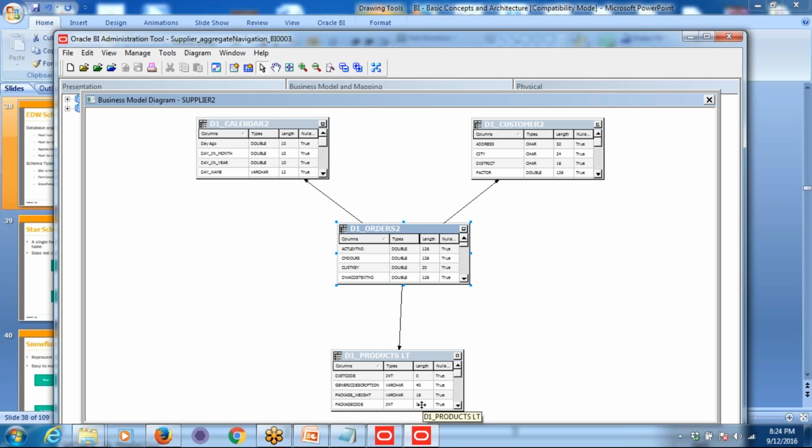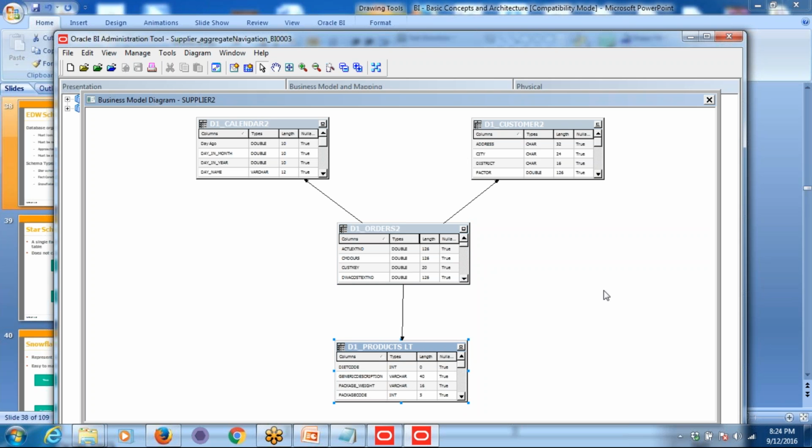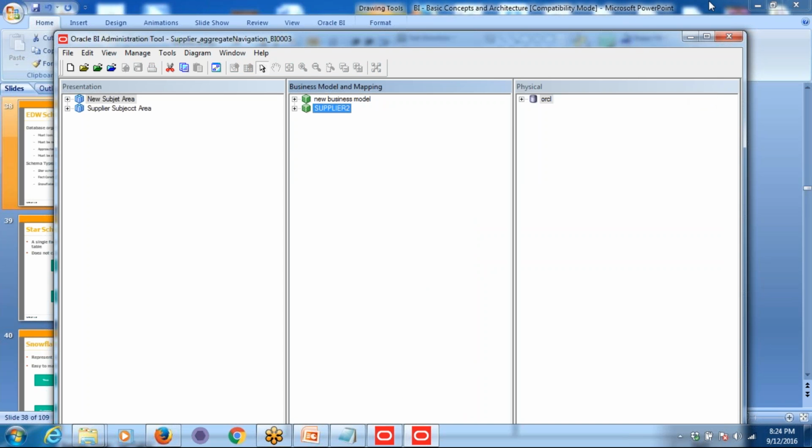I can create product-wise orders by joining these 2 tables. I can create year-wise orders by joining these 2 tables. So if you see, this is a very simple schema, right? Even any end user without any technical knowledge can easily understand it, and it doesn't have any technical stuff. It's all business user friendly language that we are using here, isn't it?